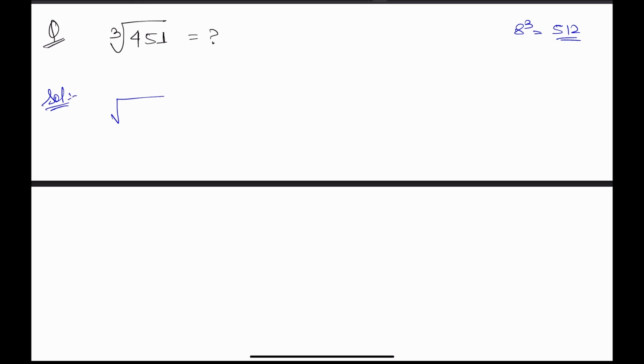So the cube root of 451 we will write as 8 plus, always plus, remember, 451, whatever is written in the question, minus 512, divided by 3 into 8 square.